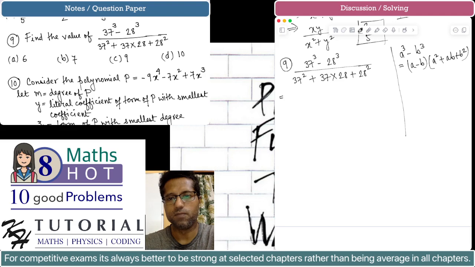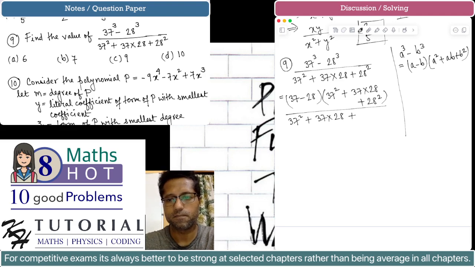Now 37 cube minus 28 cube, we can write it as 37 minus 28, that is a minus b, multiplied by a square plus ab plus b square, that will be 37 square plus 37 multiplied by 28 plus 28 square, and we have divided by 37 square plus 37 multiplied by 28 plus 28 square.